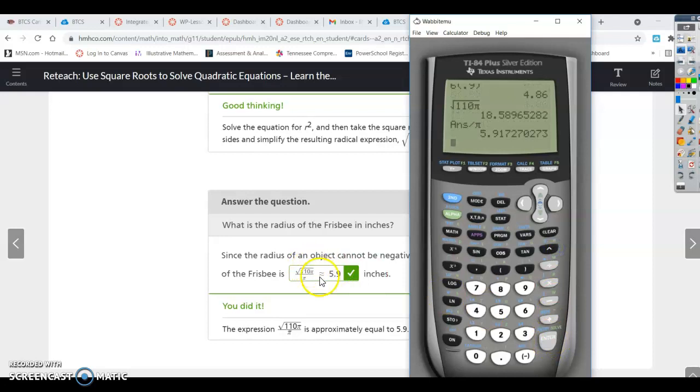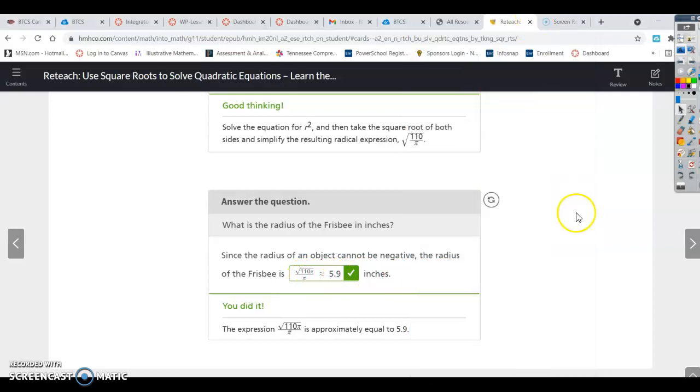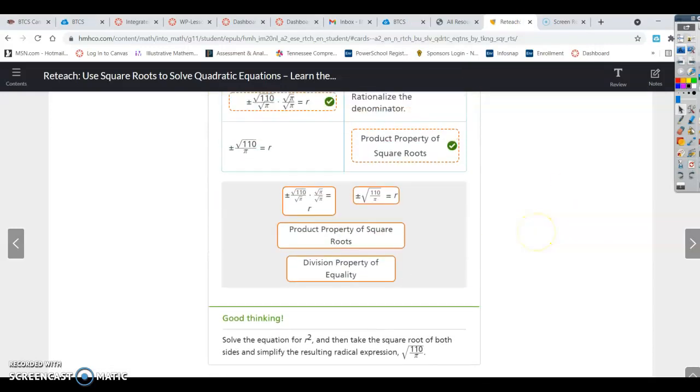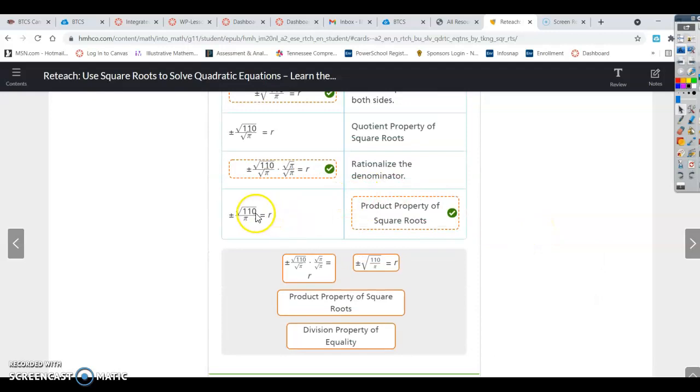That gives you 5.9. So the square root of 110 pi divided by pi equals 5.9. And again, that's just more confirmation that they have left off a pi in this last equation here.